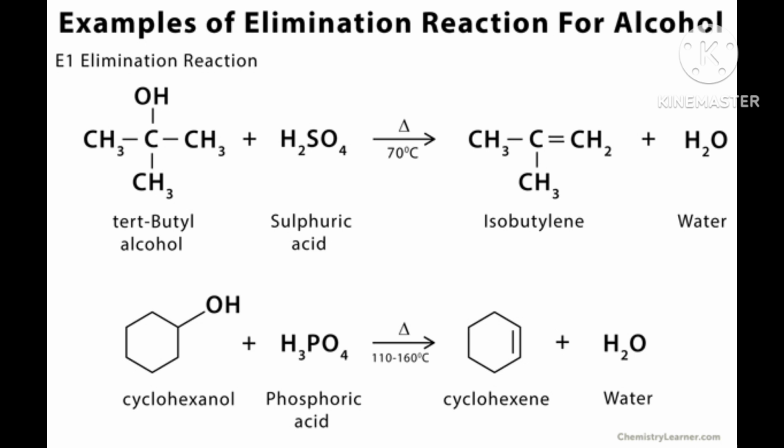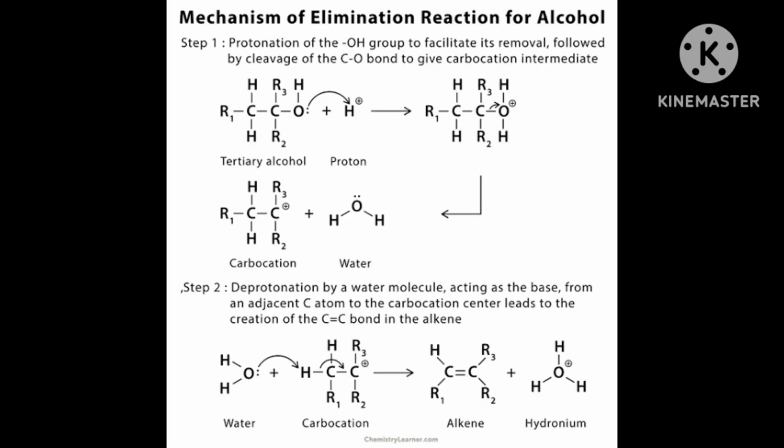Why? Because when H goes as H plus, leaving the electron behind, that carbon will have a negative charge. And the other, Cl, is going out. The Cl will leave by taking the electron, a pair of electrons.